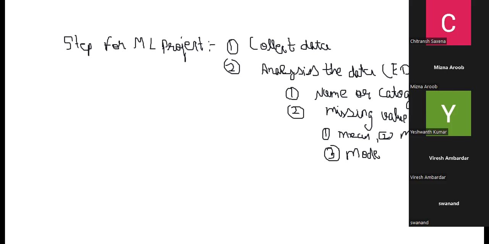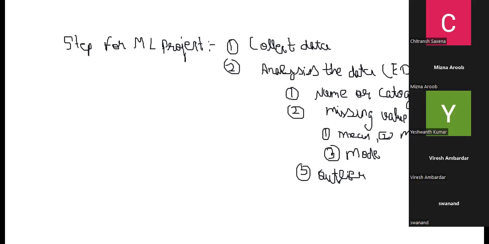So the question is when we will use the mean, median, and mode. First of all, before filling the missing values, check whether there is any outlier inside my data or not. The third one is outlier. Okay.